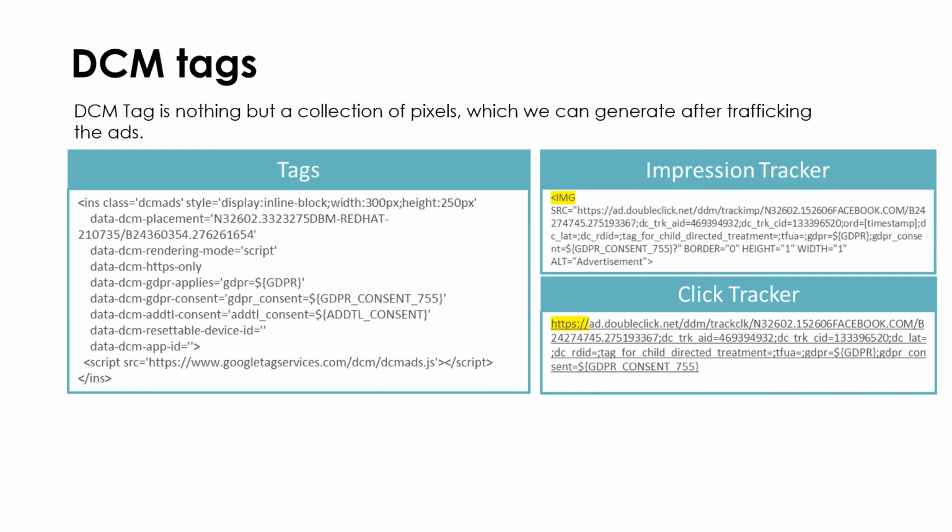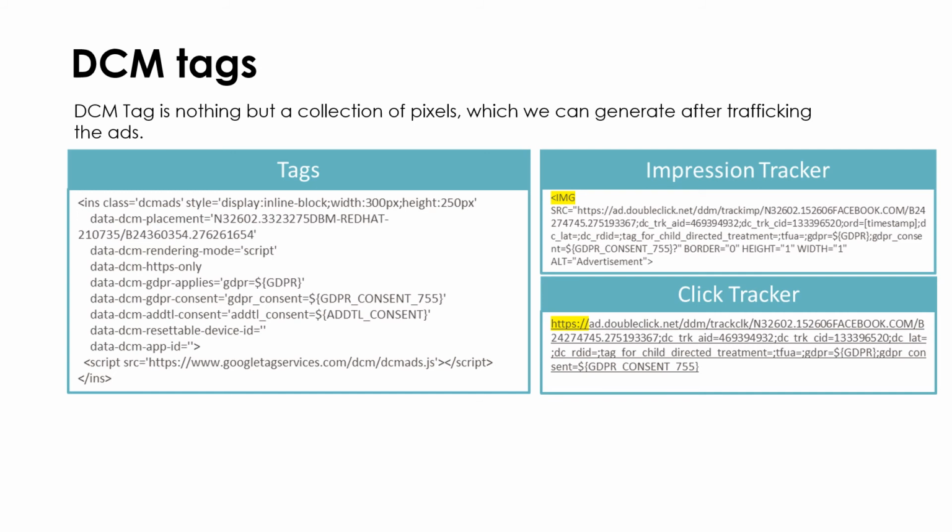Now I'll talk about the tracker. A tracker is something we create in DCM for tracking purposes. We can create a one by one tracking ad in DCM and send this pixel to the publisher to implement into whatever ads they are serving. We will be able to track those creatives, websites or ads, and track everything in our ad server.